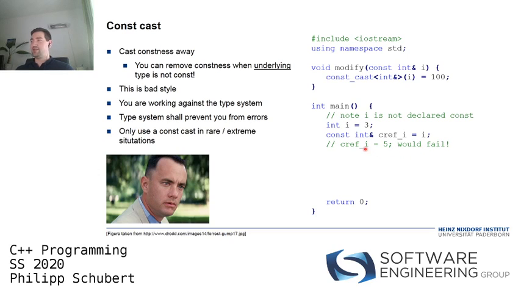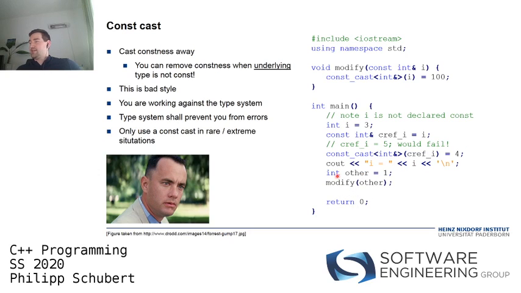The compiler would complain. It would statically bail out and tell you, you cannot write something through a const reference. But what you could do is cast the constness away and make it an int ref, and then you would be able to write 4 in it. And this would work because the underlying integer that everything refers to, i, is a plain integer. So it's not constant. And then you can print and it would really show 4.